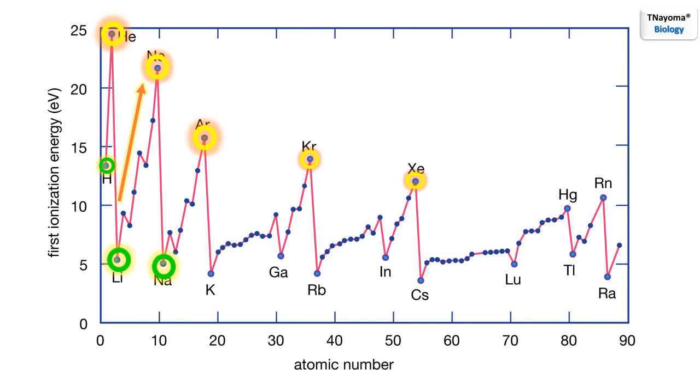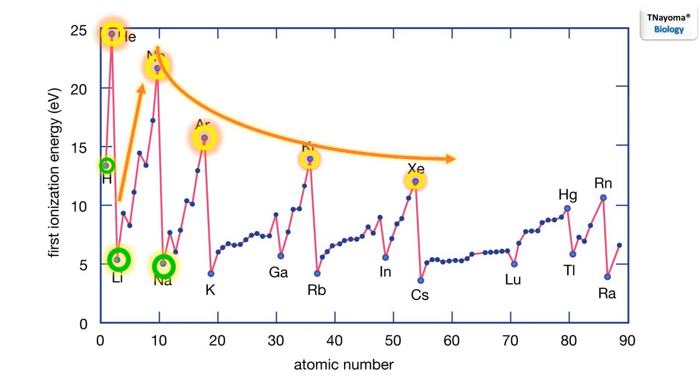When you go from left to right along the periodic table, the ionization energy required increases. When we consider top to bottom along a group, the ionization energy decreases. That is basically because the atomic radius increases.